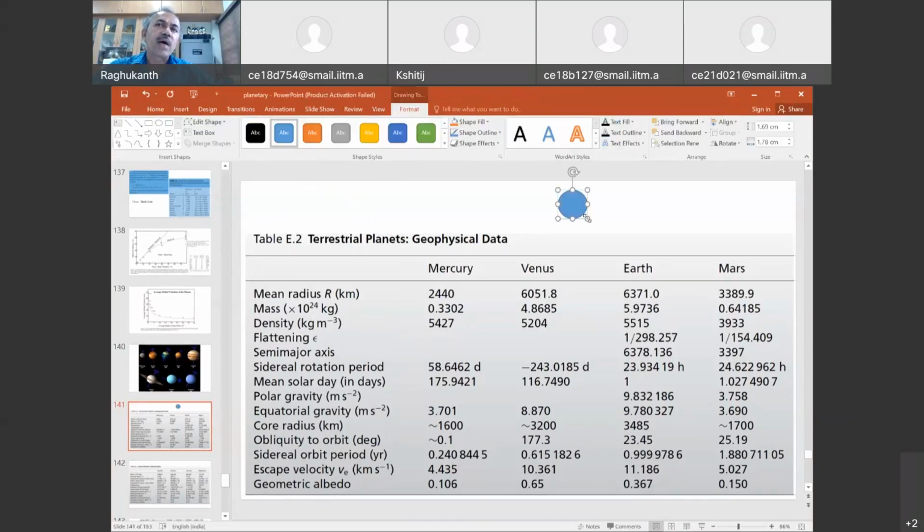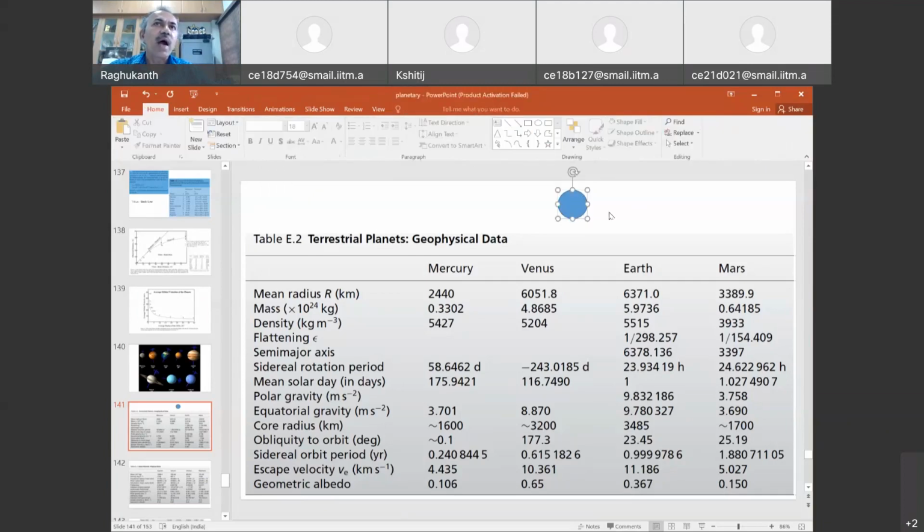What type of shape are the planets? Spherical, but not exactly spherical; they are elliptical. If you take a spherical shape and also an elliptical shape, some of the planets have this actual ellipse kind of shape. So flattening tells you how spherical a planet actually is.